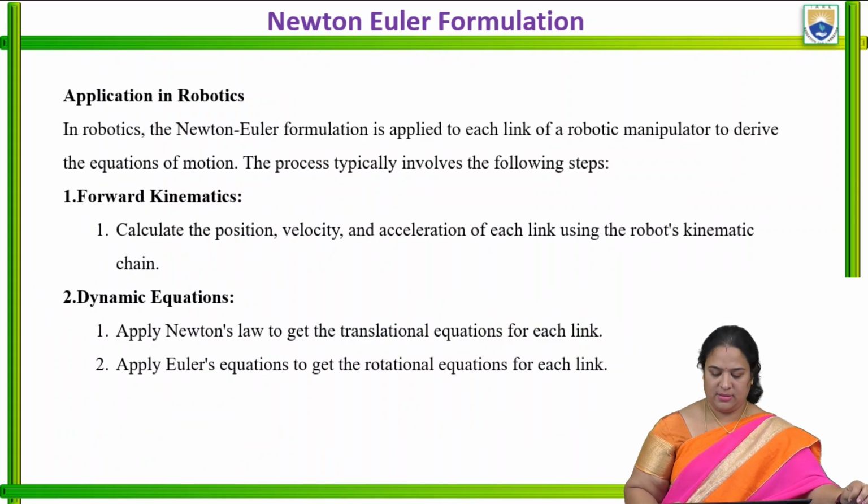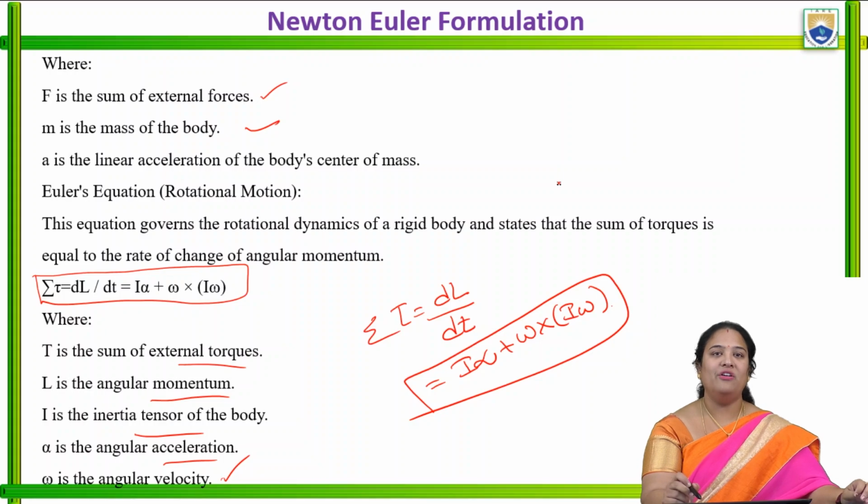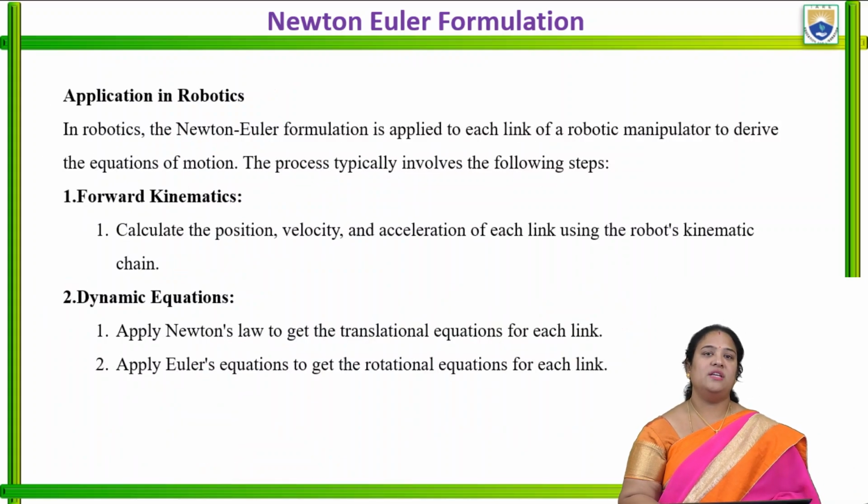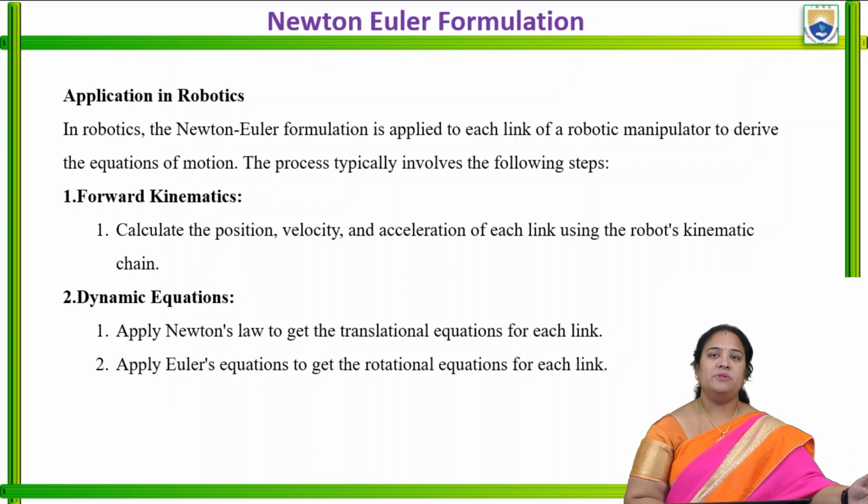So this is about the combination of Euler's as well as Newton's equations. Now we need to know where exactly this formulation is required. When we need the robot to move in the forward direction, or when we need the dynamic equations, this Newton-Euler formulation is very important.